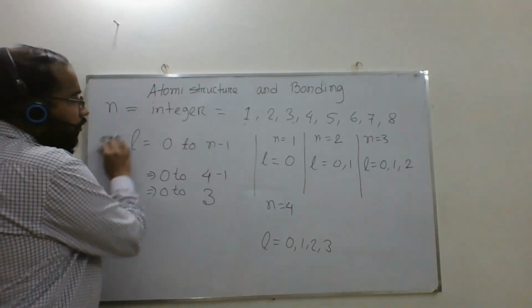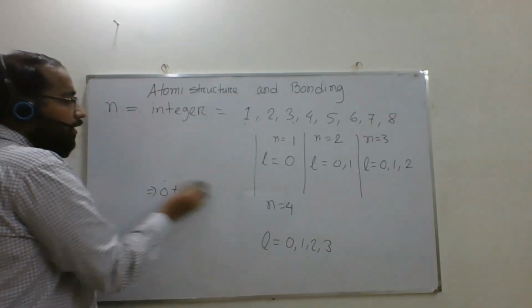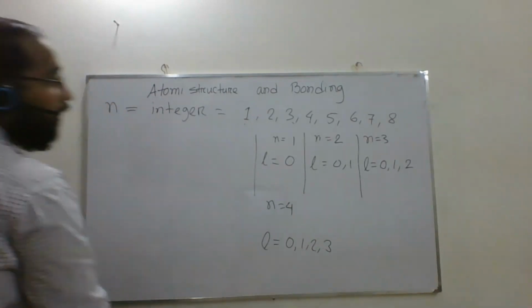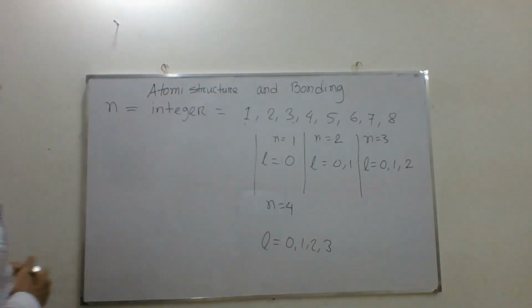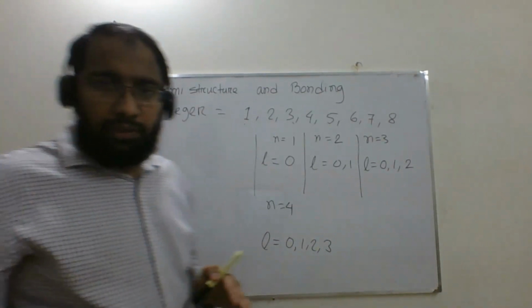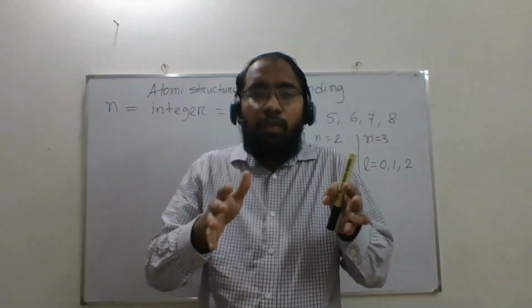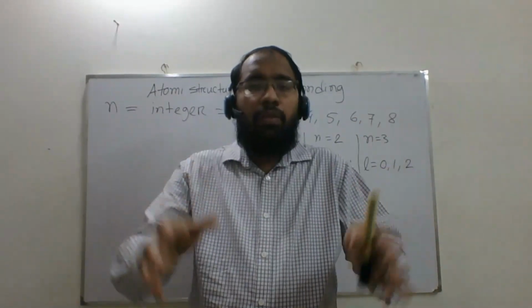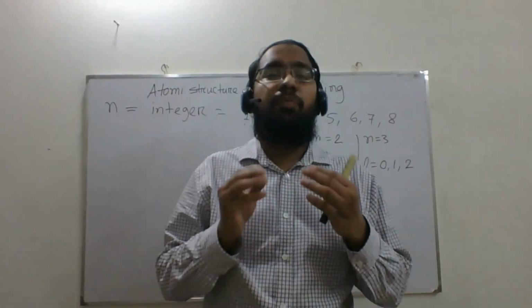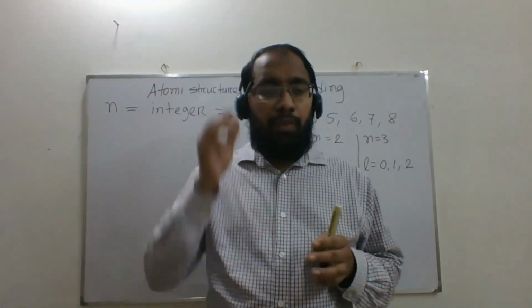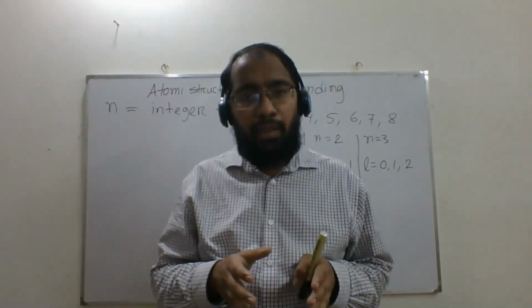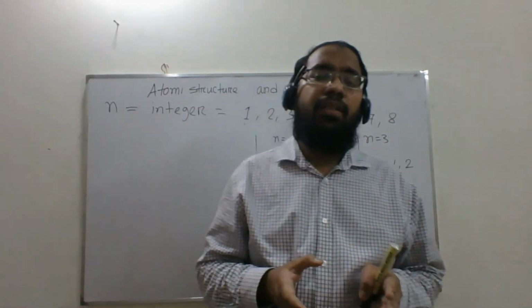Now, I also said that L determines the orbitals. We know the orbital. Orbital is basically the region of the area in the orbit where the probability of finding the electron is maximum. If the probability of finding the electron is maximum, then we can say this is the orbital.